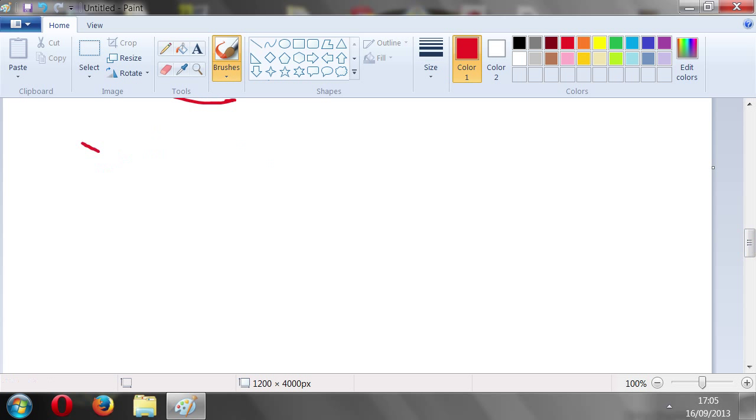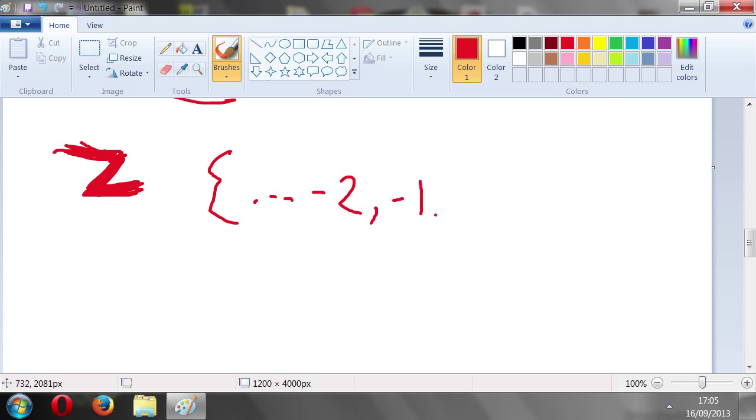Then we've got integers. And here we have Z again. I think there's a special word for how it's supposed to be written, something like embossed, perhaps. So integers, we've got, as you can imagine, minus 2, minus 1, 0, 1.